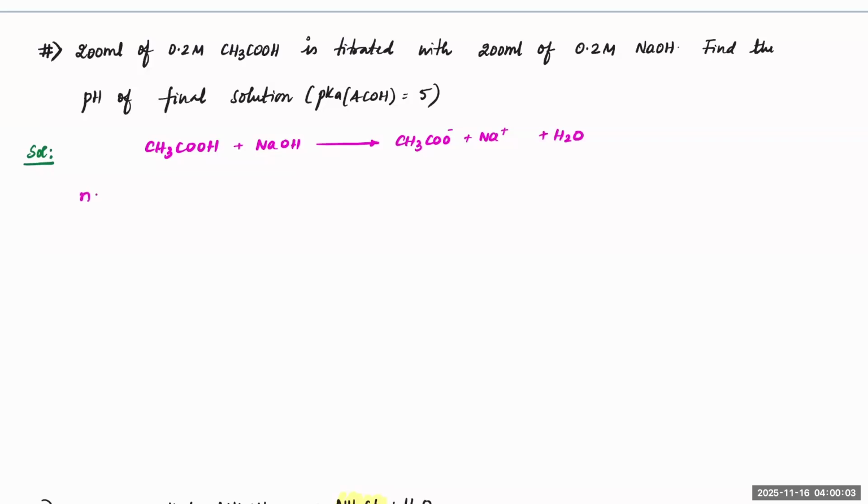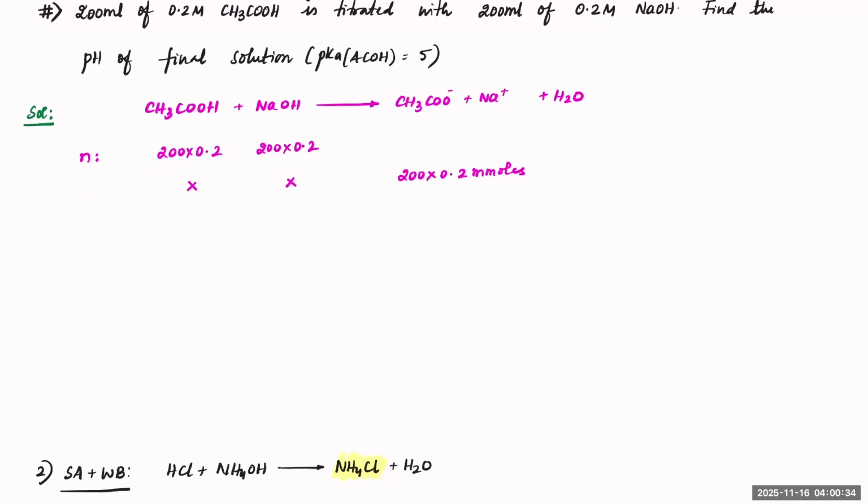So what is the number of moles we have? We have 200 multiplied by 0.2, and we have 200 multiplied by 0.2, which means it is completely neutralized. So there is no more acid, no more base left. Everything is converting into salt. So that is 200 into 0.2 millimoles of acetate ions.